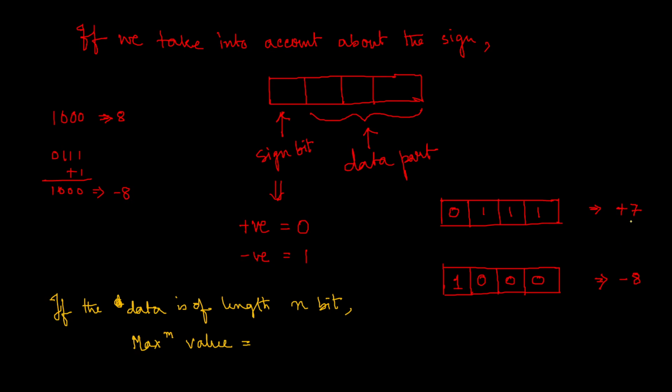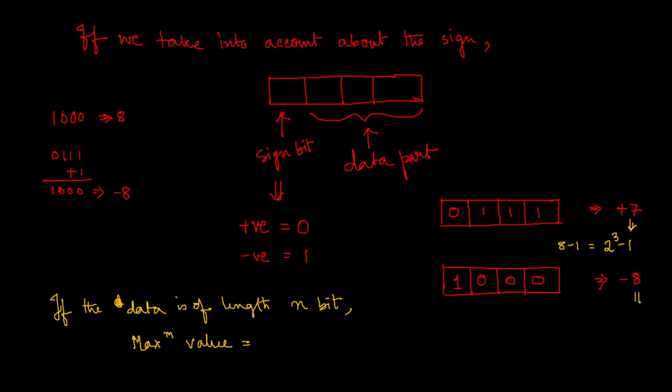Let's see. Try to realize this. What does 7 mean? Plus 7 means 8 minus 1, equal to 2 to the power 3 minus 1.